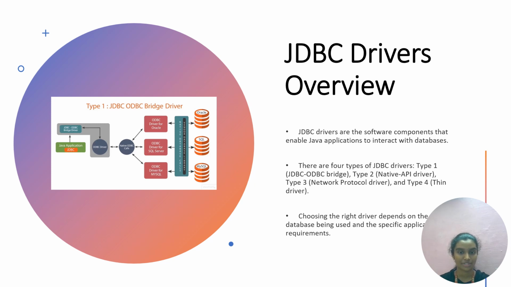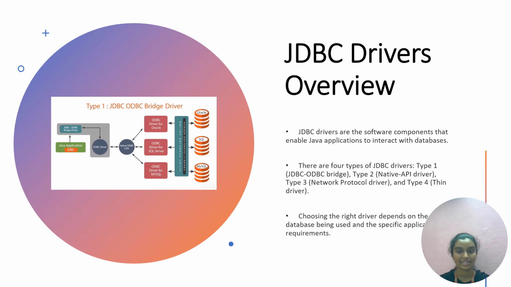Type 3, which is known as the network protocol driver. It is similar to the Type 2 driver, but in this case, the user accesses the database through a TCP or IP connection. The driver sends JDBC interface calls to an intermediate server, which then connects to the database on behalf of the JDBC driver.